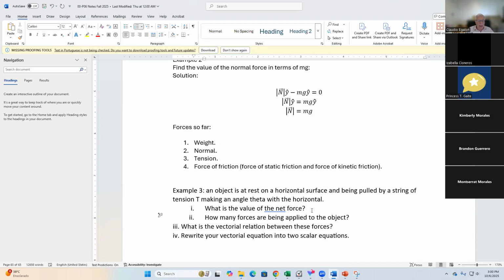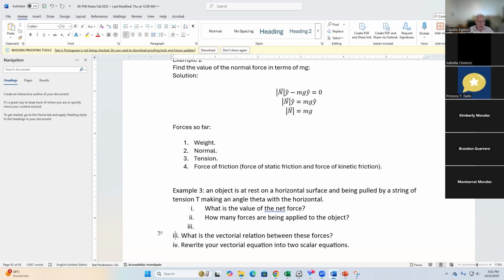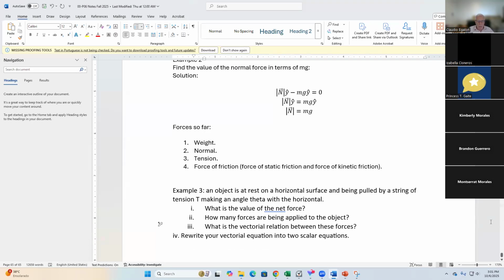How many forces are being applied to the object? 3. What is the vectorial relation between these forces? 4. You write your vectorial equation into 2 scalar equations.